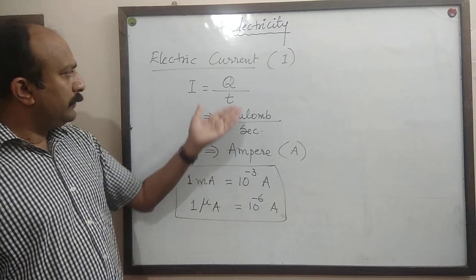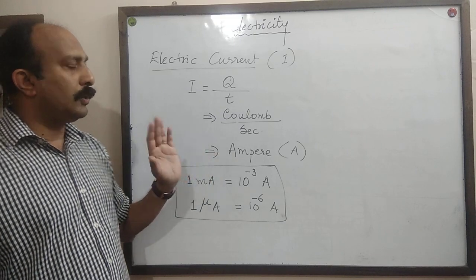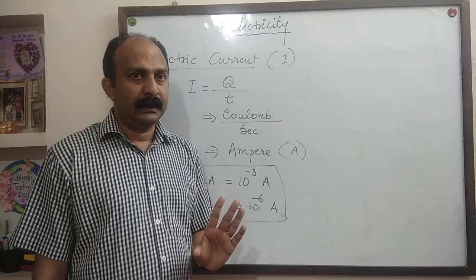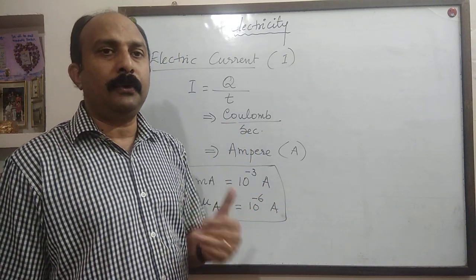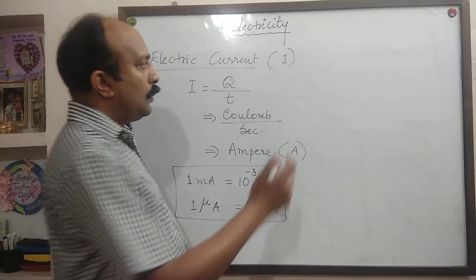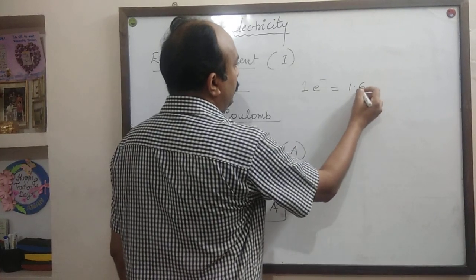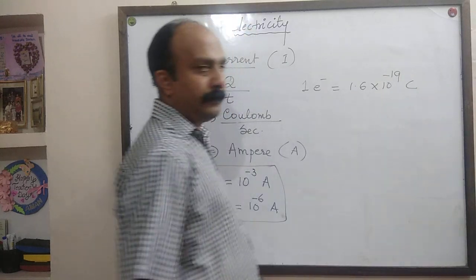So I told you, electric current is nothing but the amount of charge in coulomb flowing in 1 second in a circuit. Now, we know that electric current is constituted by the flow of electrons. Now, what is the charge of 1 electron? 1 electron has a charge of 1.6 into 10 raised to minus 19 coulomb.